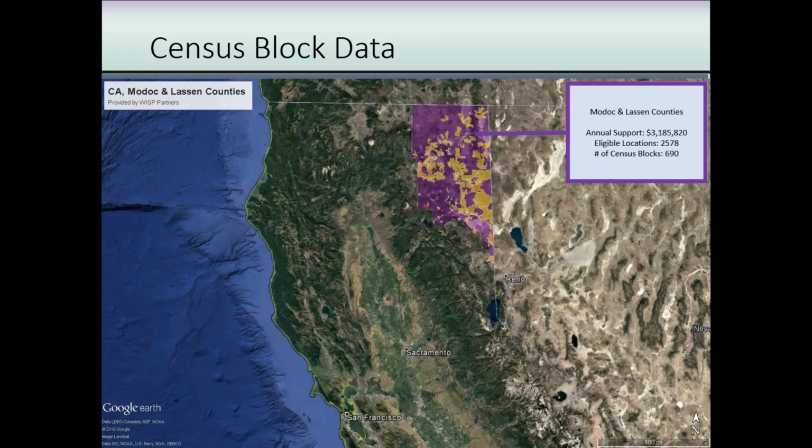One more, thank you. So now we can develop polygons around areas of interest, extract all of the underlying metadata quickly, and we find that in these two northeastern counties, Modoc and Lassen, if I pronounce those correctly, I don't know those markets, we have annual support of $3 million, and locations of about 2,500, covering 690 census blocks.